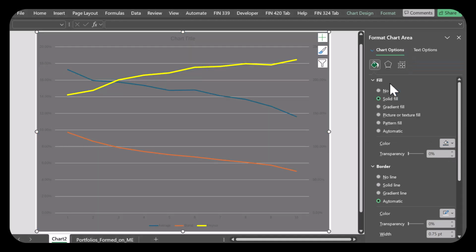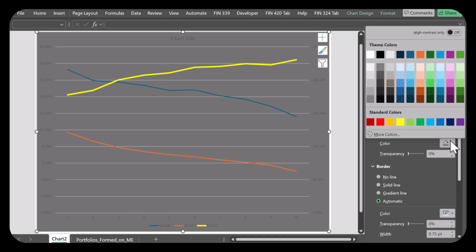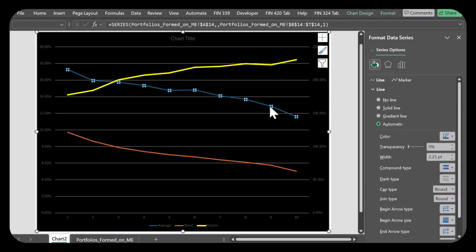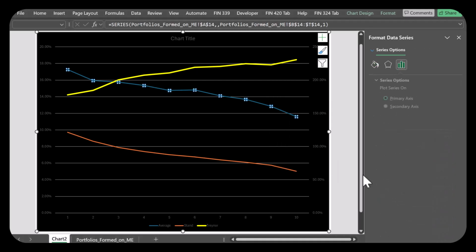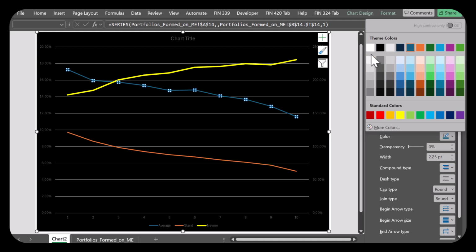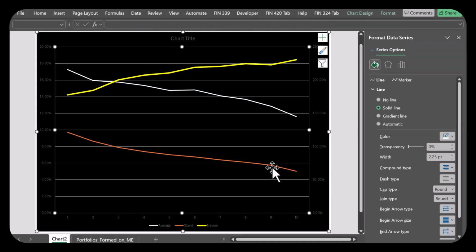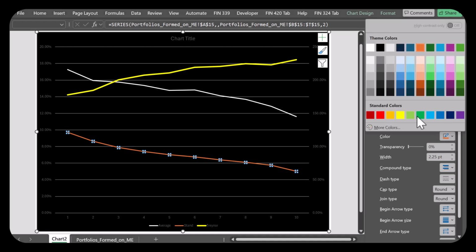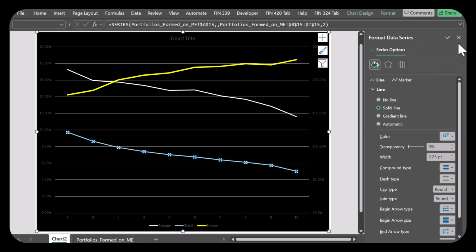I don't know. So that there's better visibility. Oh, that's the Treynor ratio.